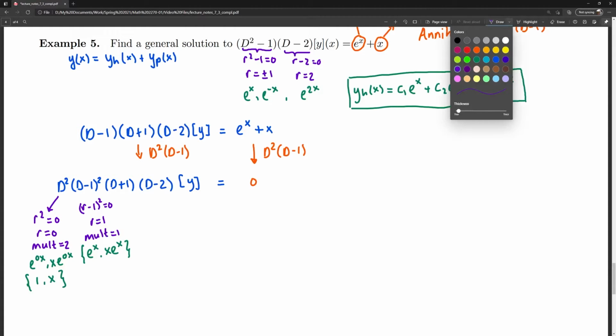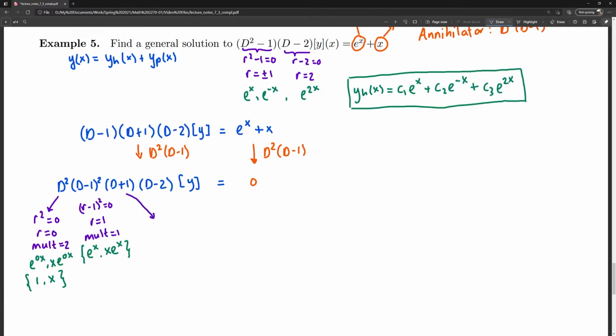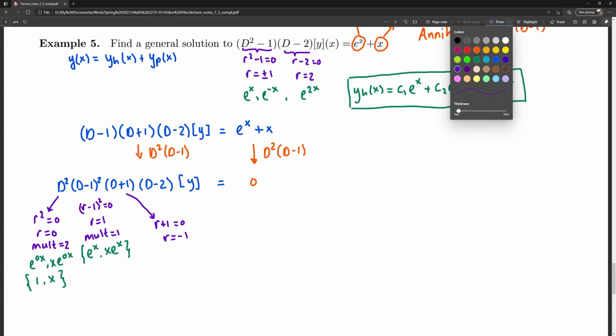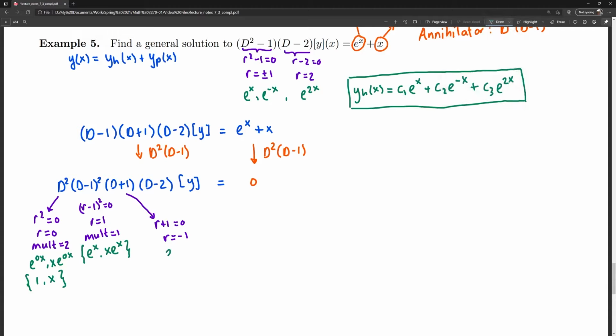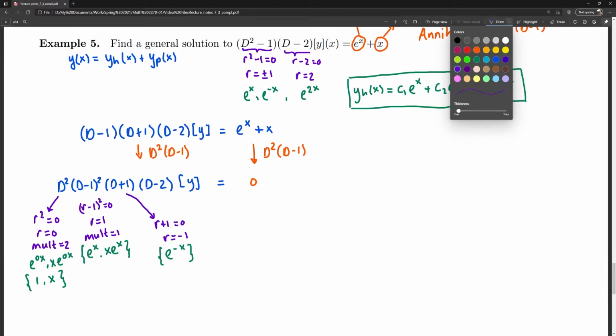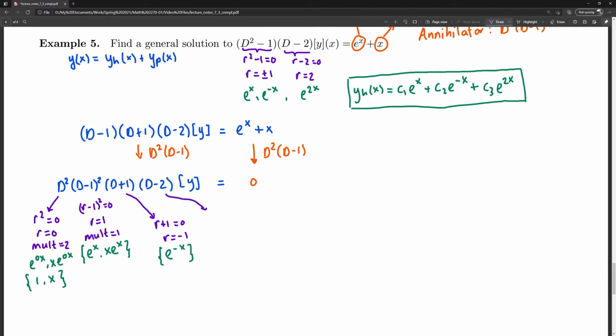And then we go to D plus 1, that's r plus 1 equals 0. So that's r equals negative 1 of multiplicity 1. So that corresponds with just one function, e to the power negative x. And then finally, we have our D minus 2. That corresponds to r minus 2 equals 0.